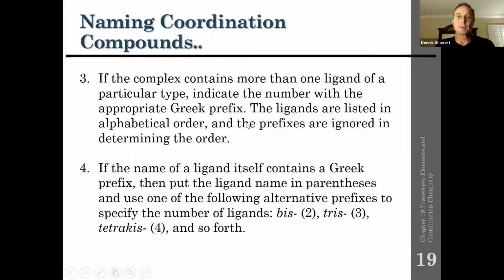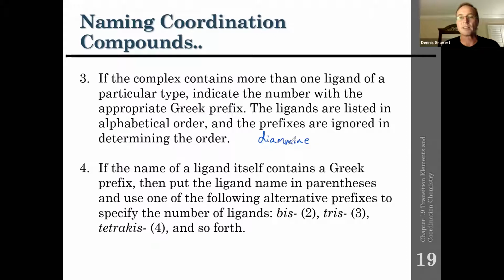The ligands are listed in alphabetical order. Prefixes are ignored. So if you have diamine and aqua, where's my pen? I'm not so good at listening. I see better. So if you have a transition metal complex that has 2 ammonia molecules, the name of the ligand is amine, and 2 of them is diamine. And if it has 1 attached water molecule, then it's aqua.